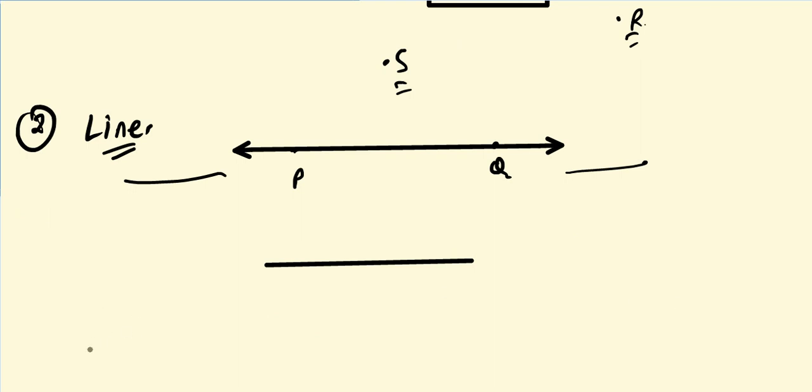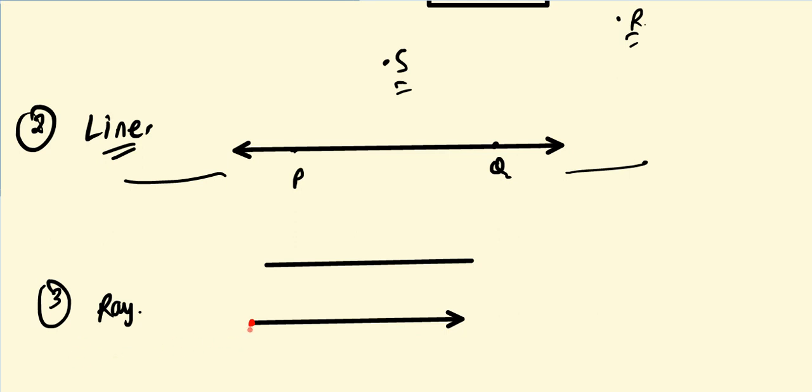Then third, ray. It is a straight line that starts from a given fixed point and moves in the same direction. That means, now in this diagram, this point is fixed. You can't extend in this direction.